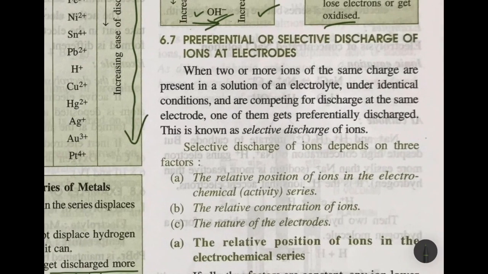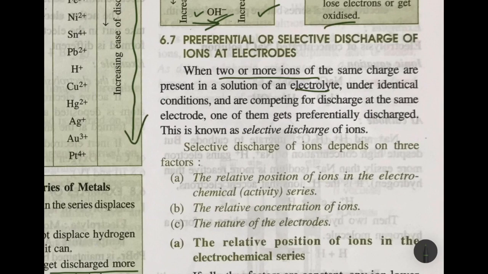So preferential or selective discharge of ions at electrodes is what I already discussed here. Which metal or which non-metal will get discharged first? When two or more ions of the same charge are present in a solution of an electrolyte under the same conditions and they are to be discharged at the same electrode, then of course in the beginning one has to get discharged first.